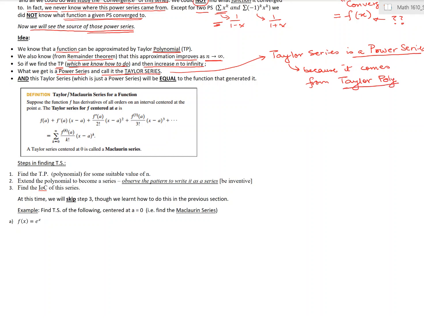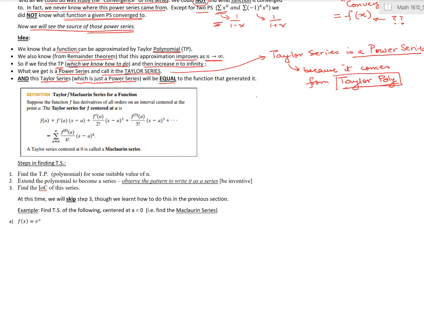There's nothing special about a Taylor series. It's just a power series which is derived from the Taylor polynomial. And this Taylor series, again repeating, which is just a power series, will be equal to the function that generates it.